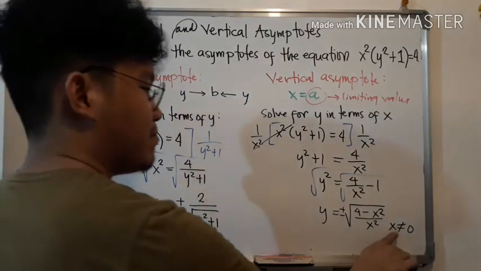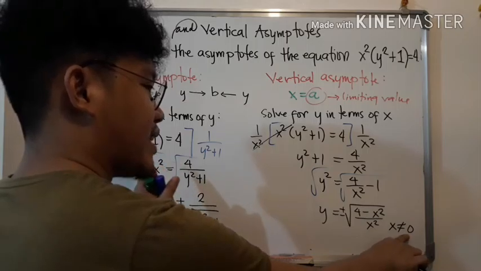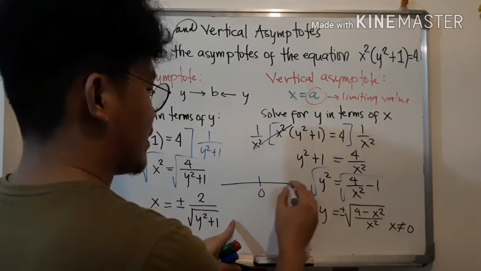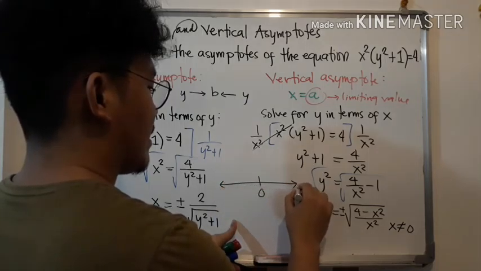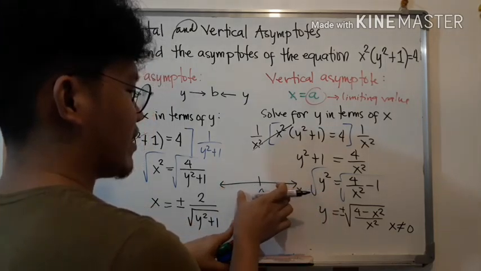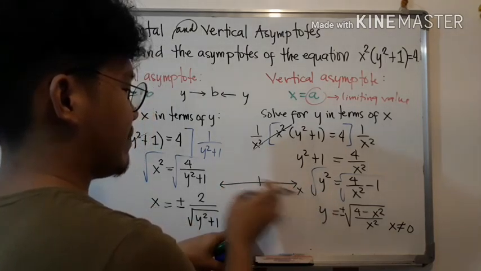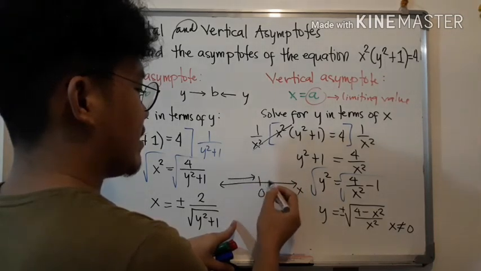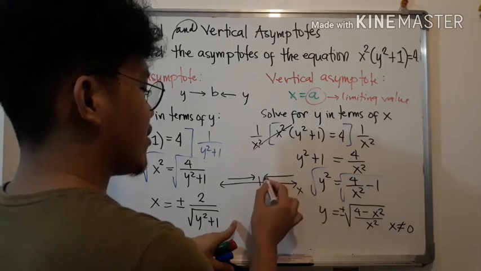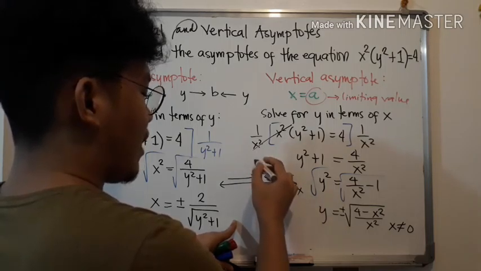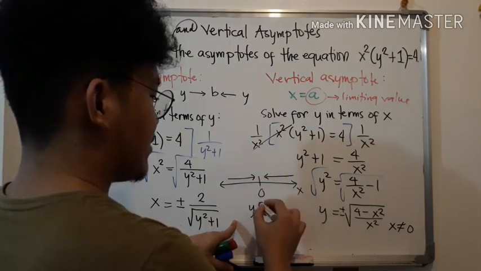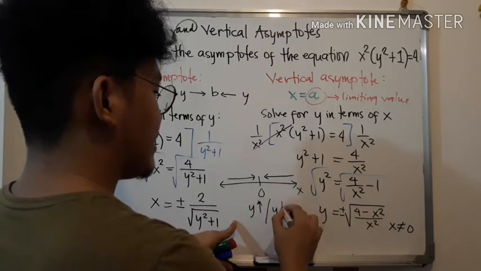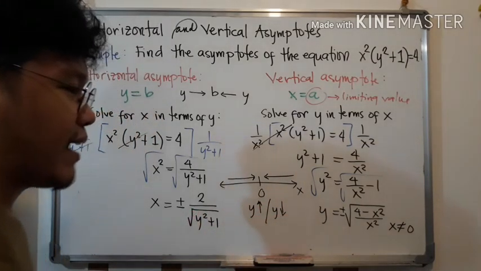Because as x approaches 0 from either side, meaning from the left and from the right, our y either increases without bound or decreases without bound.